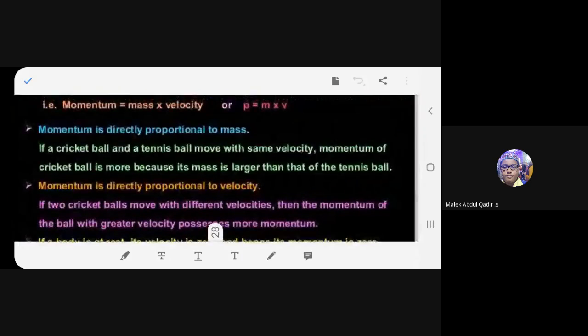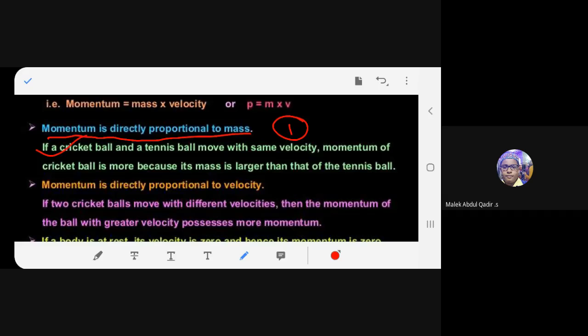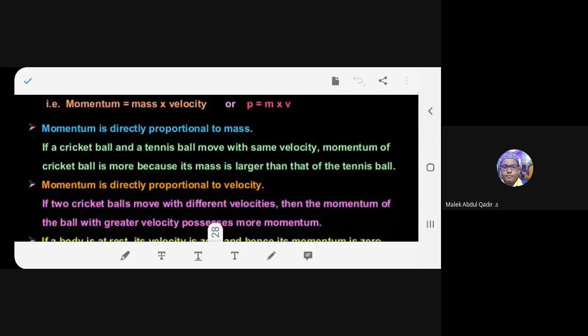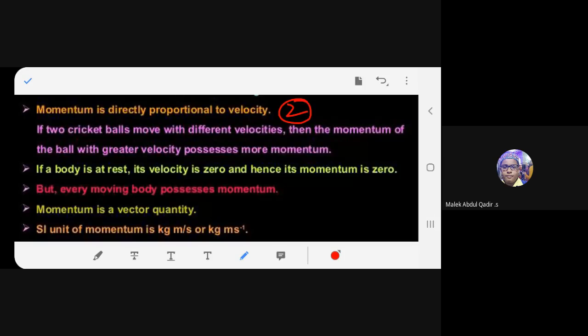What we saw, first one: momentum is directly proportional to mass, and we gave the example. Now, what we are going to see, second one: momentum is directly proportional to velocity. So you understood now? Momentum is directly proportional to mass and velocity.